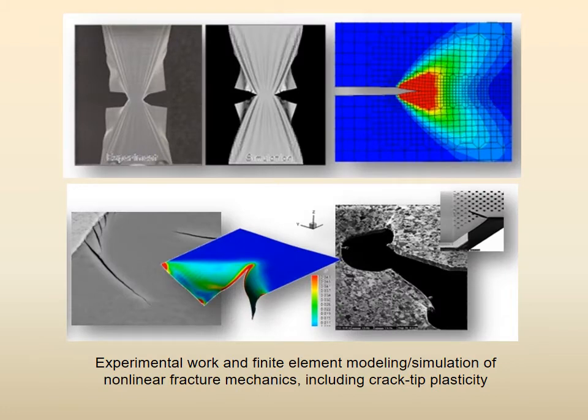Some more advanced things: experimental work and finite element modeling simulation of non-linear fracture mechanics, including crack tip plasticity, right? How do we do the experimental work on the V notches? And once the cracks develop, how do we model them in finite elements?